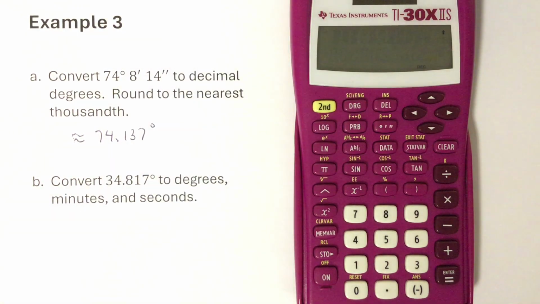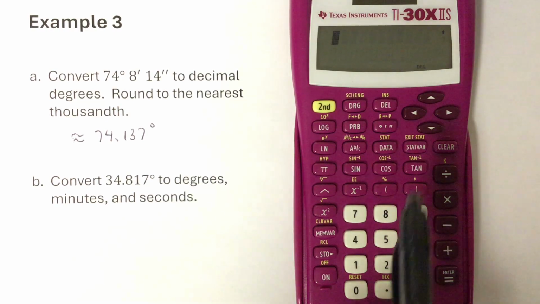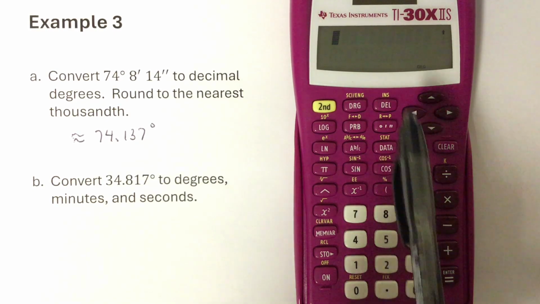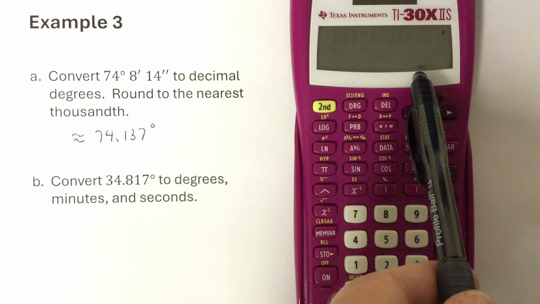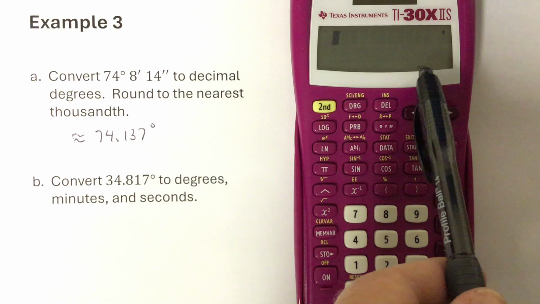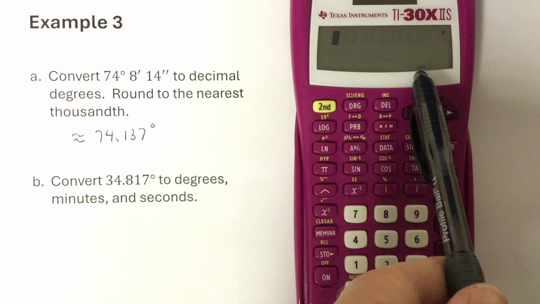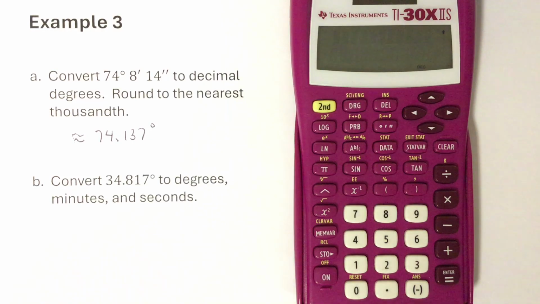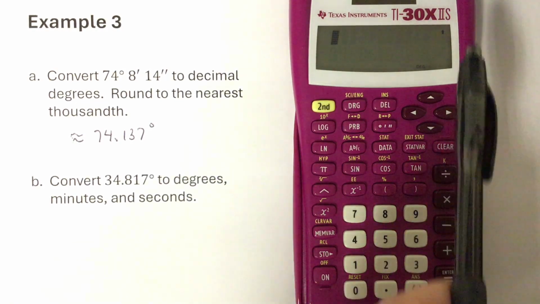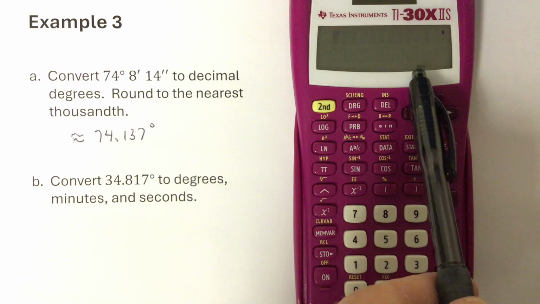Now for part B, we need to start out in degree mode. So you probably already are in degree mode. You'll notice this little DEG indicator in the lower right part of your screen, and that's telling you that if you enter a number and don't tell the calculator what units it is, the calculator will assume that it's degrees.